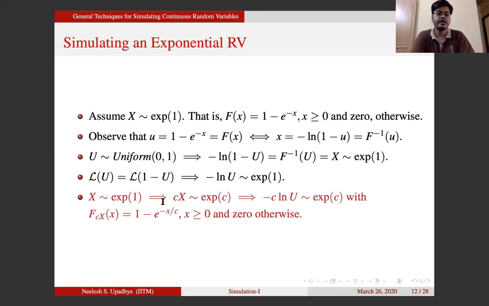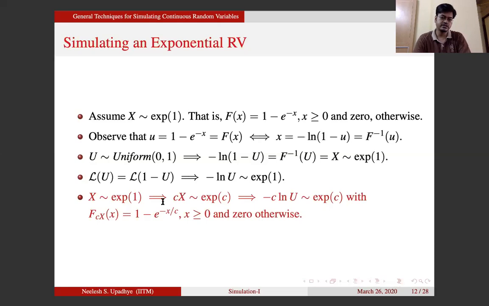And therefore I can simulate any exponential random variable just by simulating uniform random variables and taking a natural log transform. This ends the demonstration of the inverse transformation method.